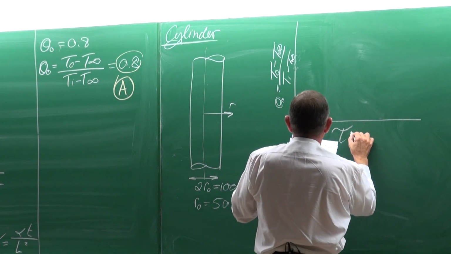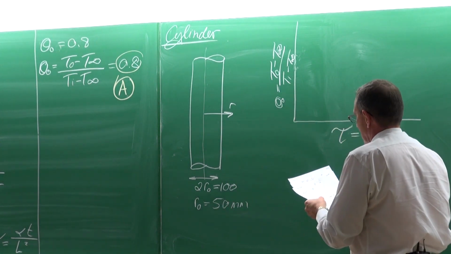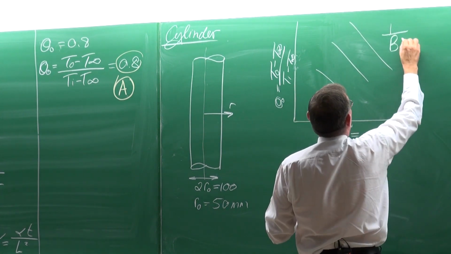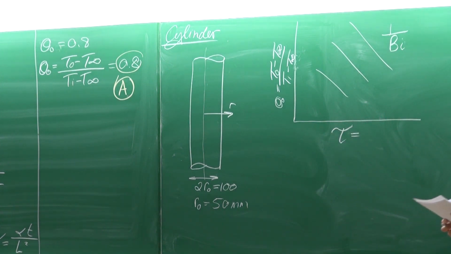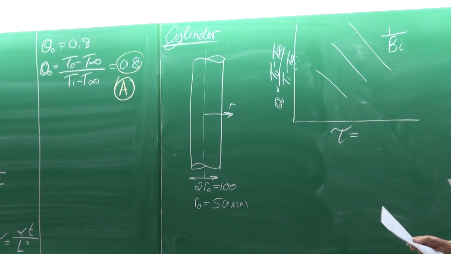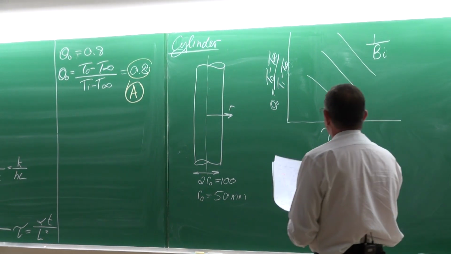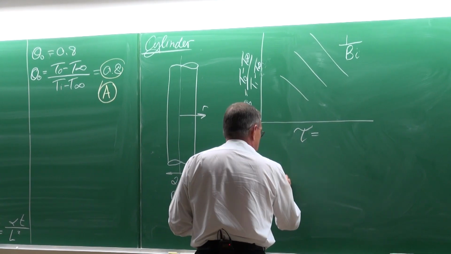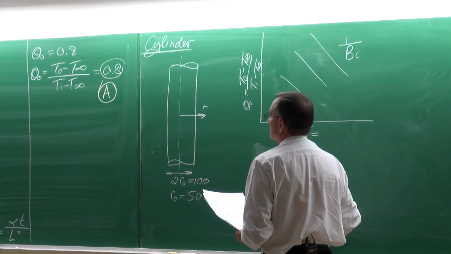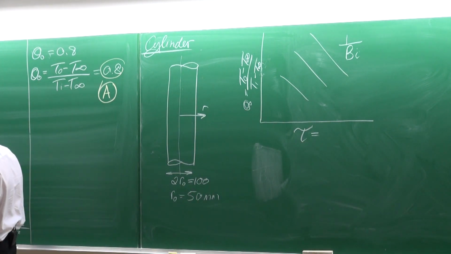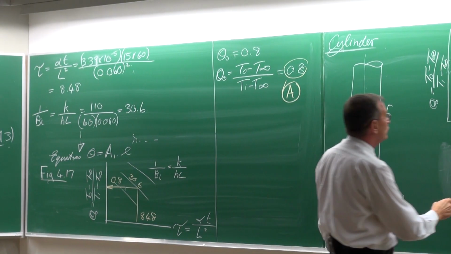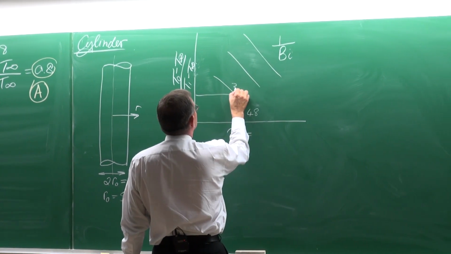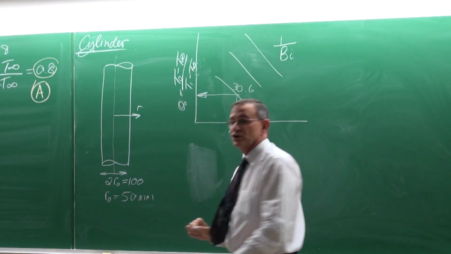Here we've got the non-dimensionalized time, and here we've got the Biot number, or 1 divided by the Biot number. Okay, so here we've got the Biot number is 30.6, the non-dimensionalized time is 8.48. 8.48, 30.6, and we can get the solution.